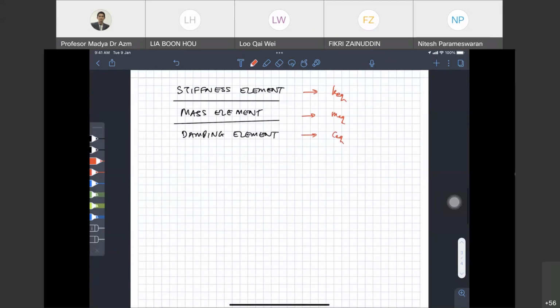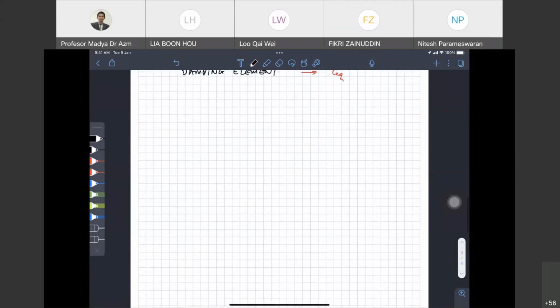Okay, so stiffness element. We discuss the stiffness element first. Basically, the stiffness element is determined by the constant which we call the stiffness constant.